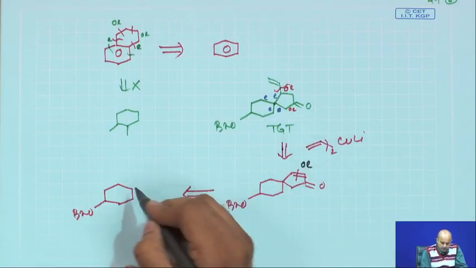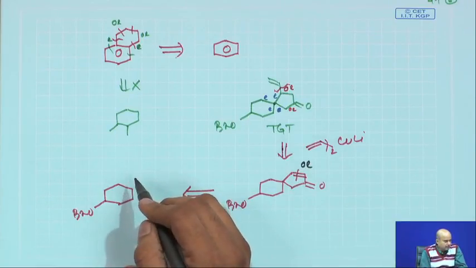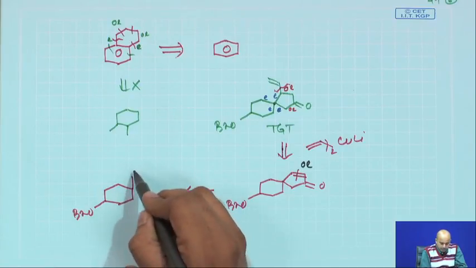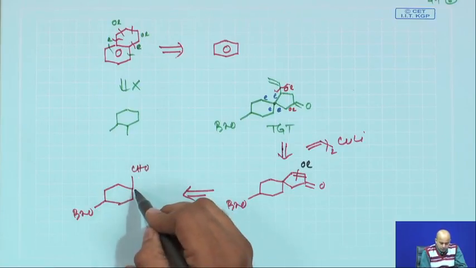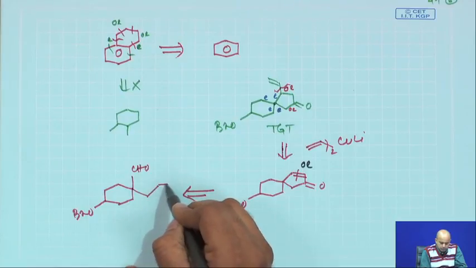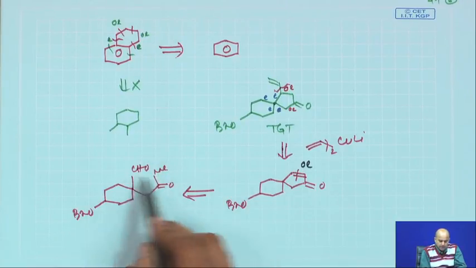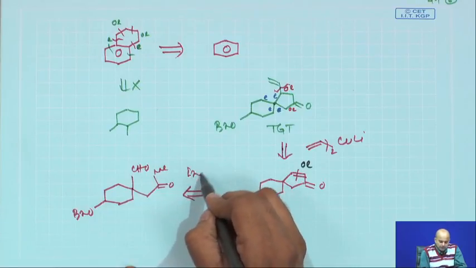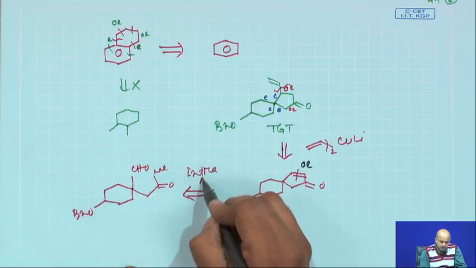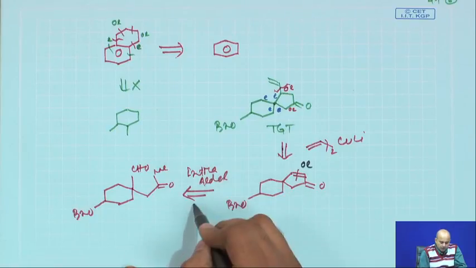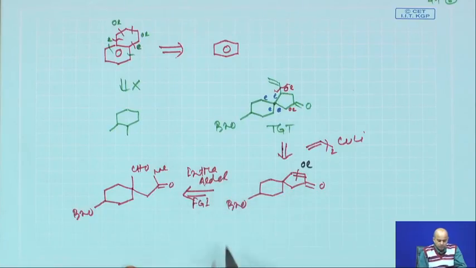Now, I am saying that this off-exo bond you can easily prepare if you have this CHO and this CH2COCH3 through an intramolecular aldol, FGI. So, intramolecular aldol, FGI. So, what did you basically make?